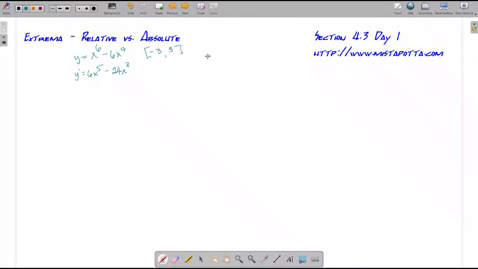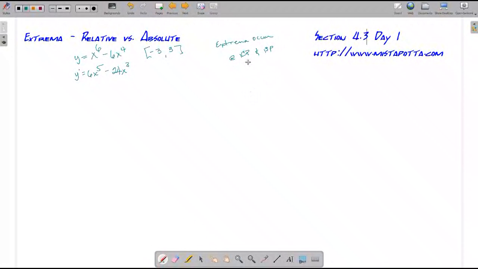And I know that extrema occur at critical points and boundary points. So I need to look at where my critical points are.